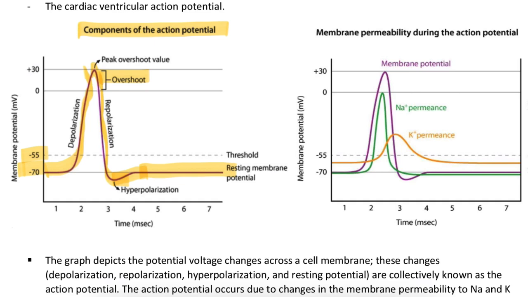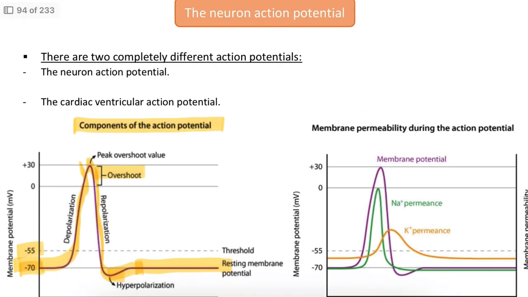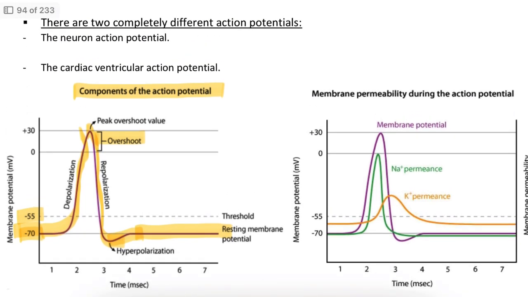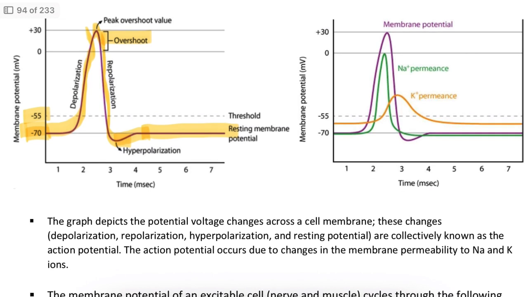First, what is the resting membrane potential? It is minus 70. What is important here is that the resting membrane potential is maintained by high potassium permeability.